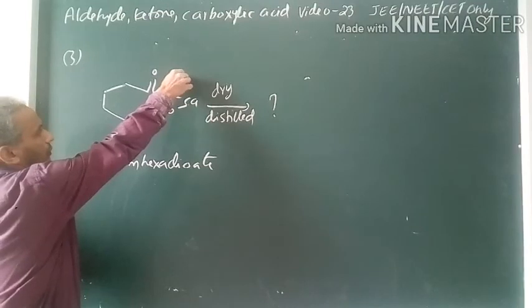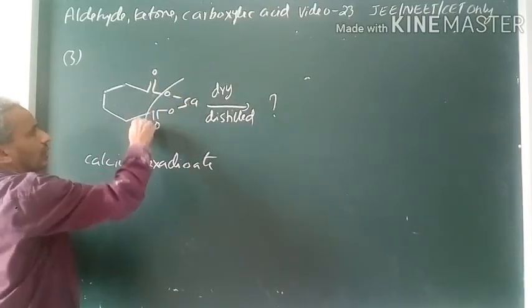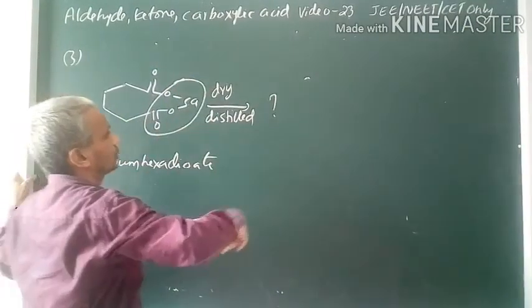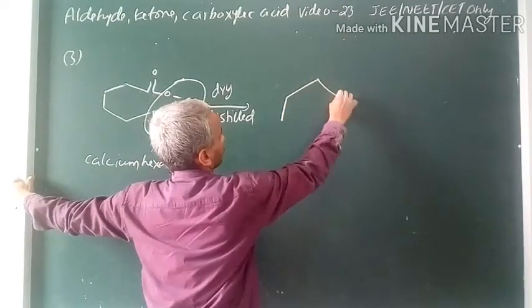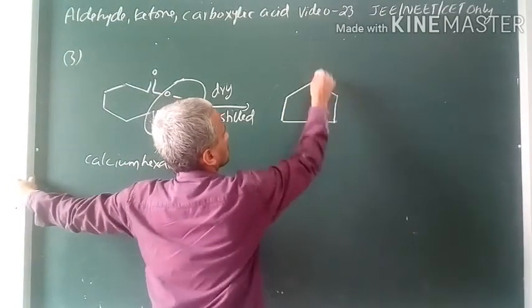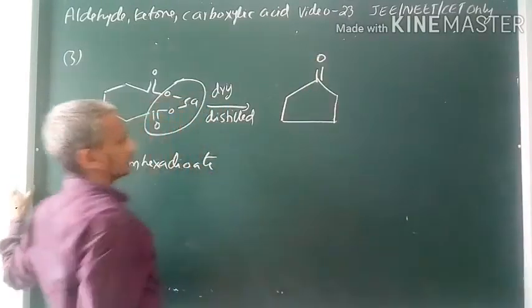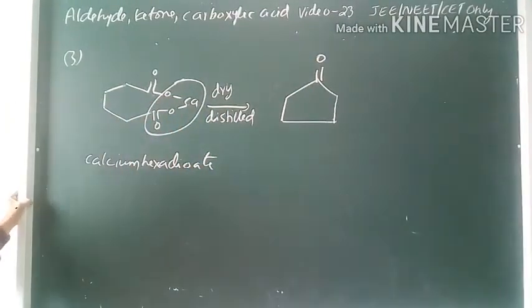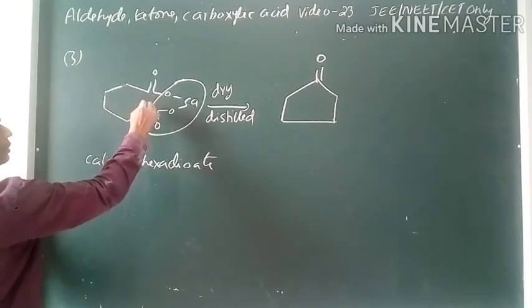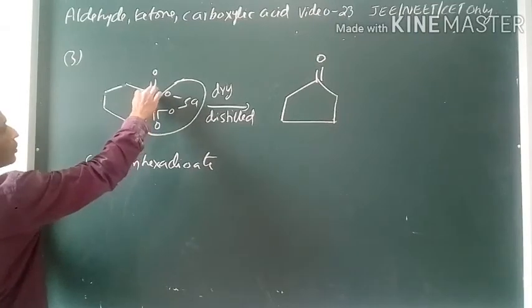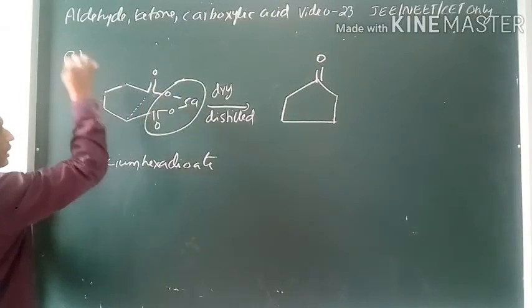See here, calcium carbonate is removed. I am going to get this compound, cyclopentanone. 1, 2, 3, 4, 5 carbon. So from here to here the bonding takes place.